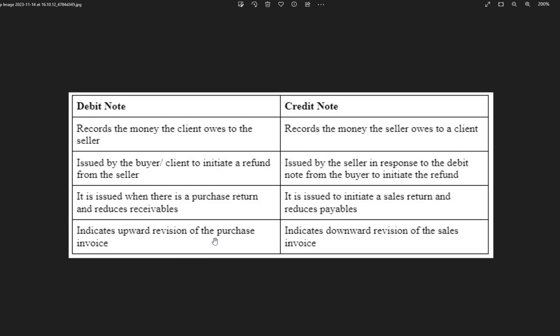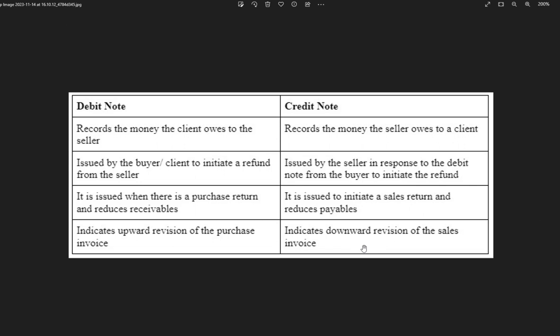Upward revision of the purchase here means that the goods worth 1 lakh which I had purchased, now I have returned worth rupees 20,000. That is making my purchases reduce and my cash come back to me, right? So that is what it indicates, the upward revision of the purchase inwards.